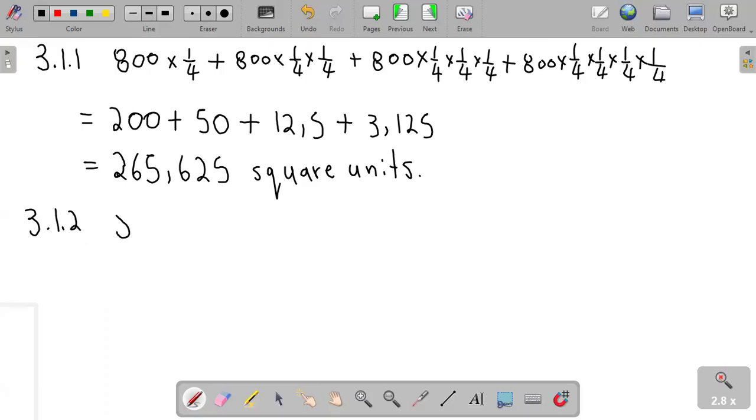So the sum to infinity here, the first term is 200.